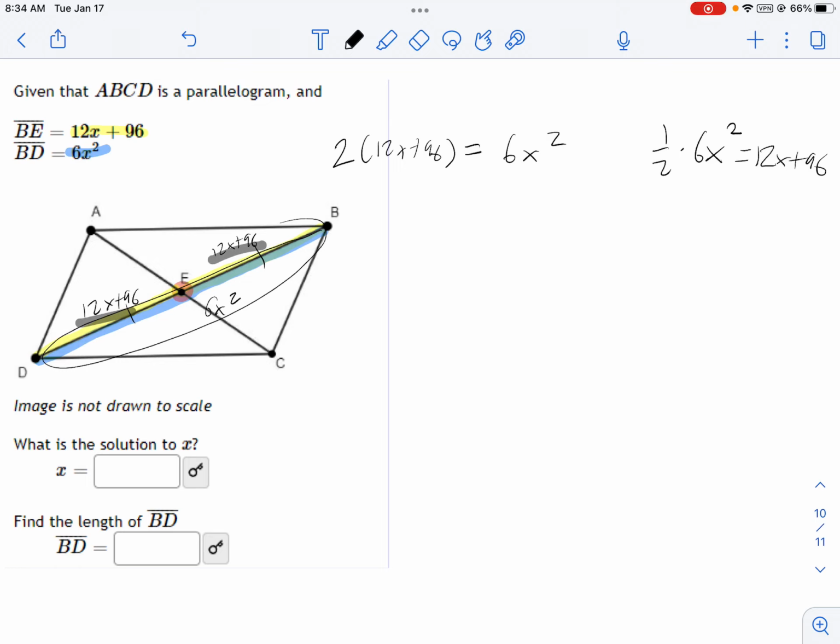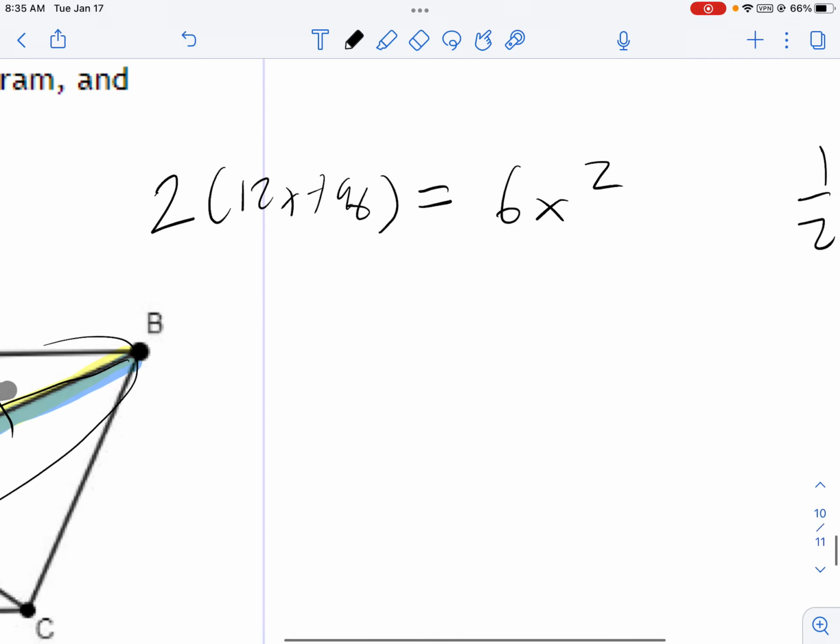Either way, both are totally correct setups. Whatever floats your boat, it does not matter which way you go. I'm just going to go with the initial setup. So I'm going to multiply by 2, and we have 24x plus 192 equals 6x squared.